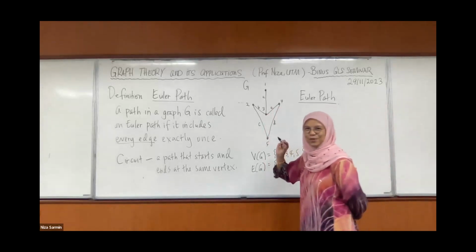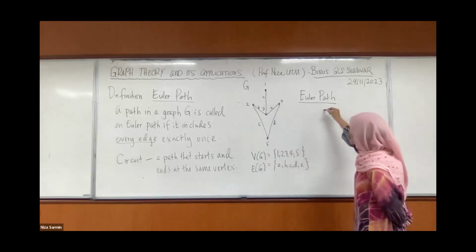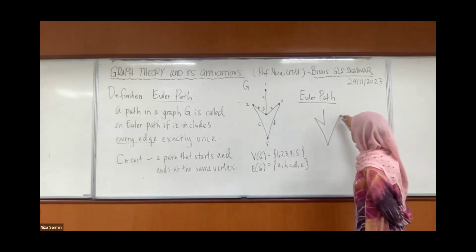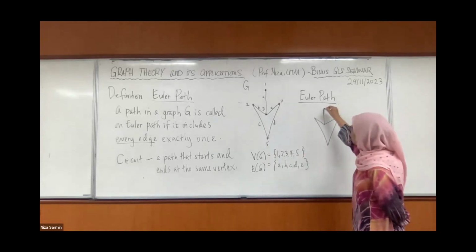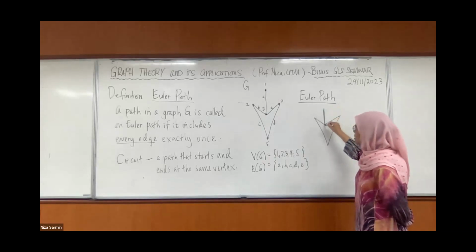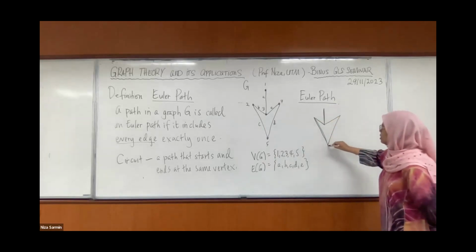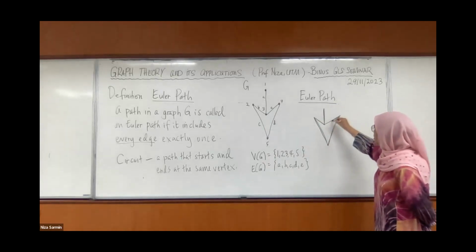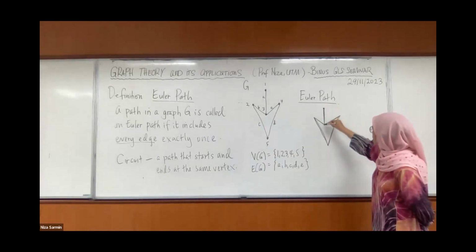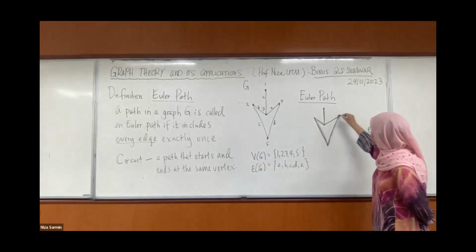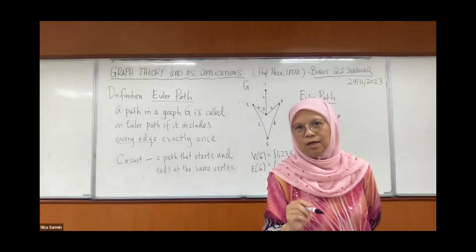Okay, let's start here. So I start from 1, A, 3, B, 2, C, 5, D, 4, E, 3. I include every edge.